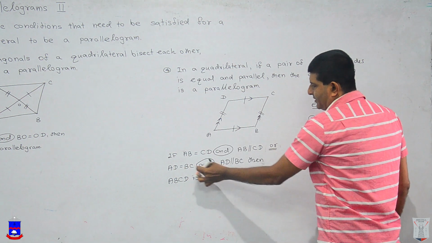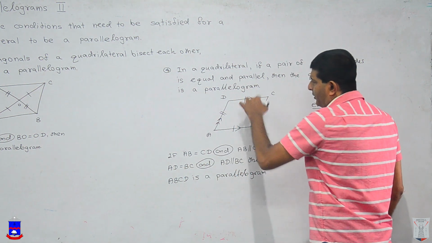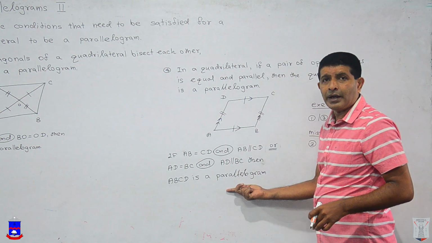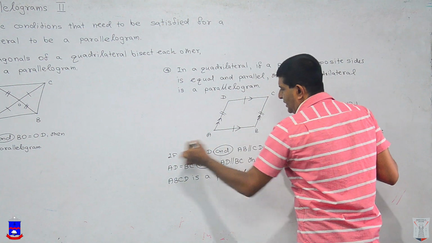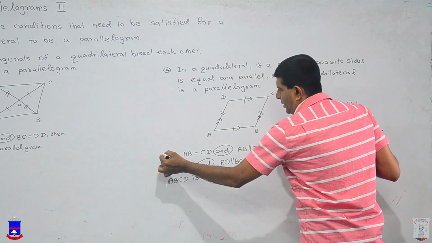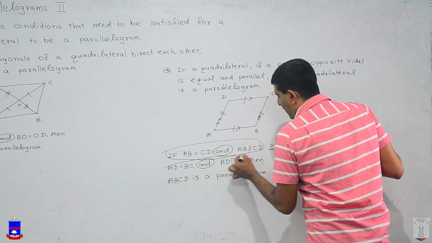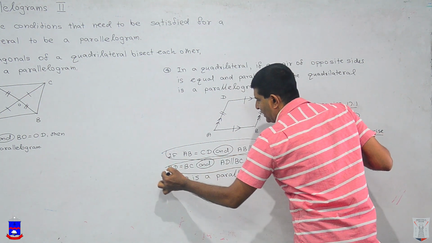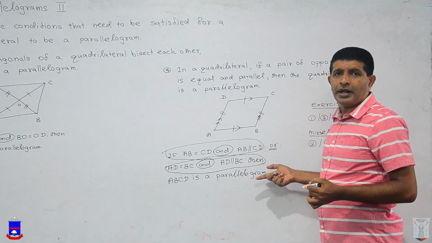AD equals BC and AD parallel BC. Then quadrilateral ABCD becomes a parallelogram. Keep in mind, only one of these conditions needs to be satisfied. If this condition, this lower one, is satisfied, this quadrilateral becomes a parallelogram.